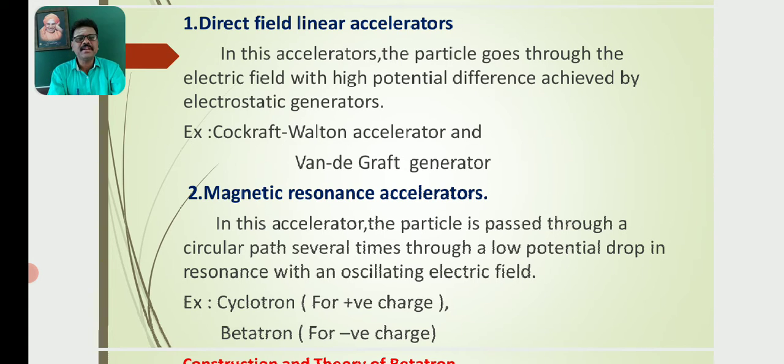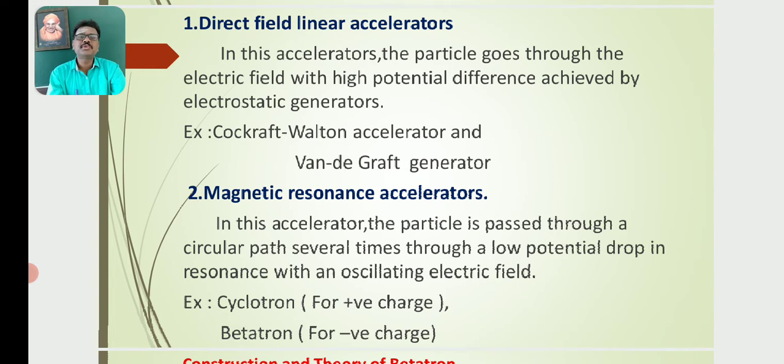Then the second one, magnetic resonance accelerators. In this accelerator, the particle is passed through a circular path several times through a low potential drop, in resonance with an oscillating electric field.